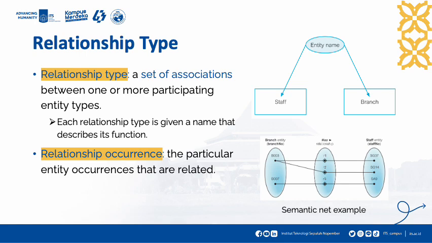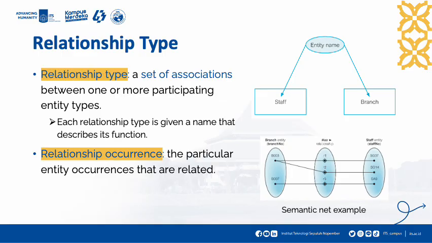In the semantic net example, usually we use a circle with a rectangle outside to represent a relationship, and circles represent the entities. In this figure, we can see examples of relationships, called R1, R2, and R3, so we have three relationships here.